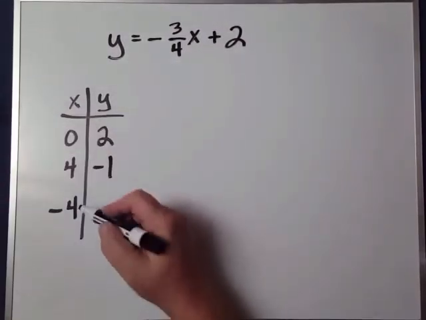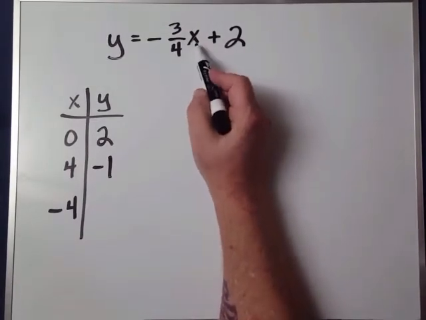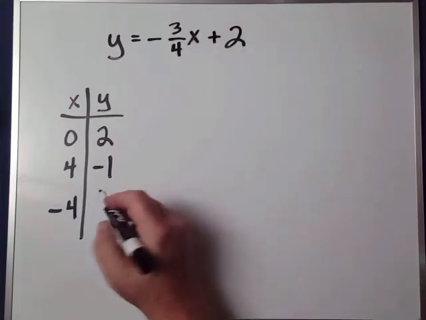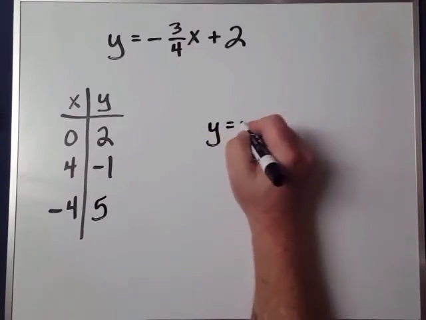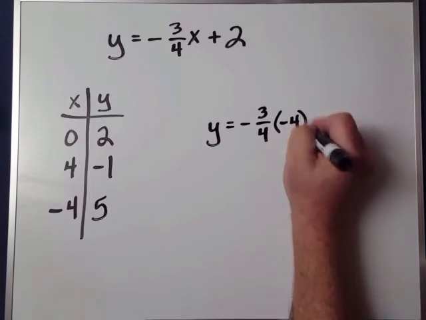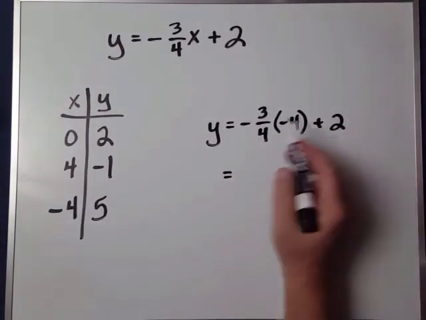And when x is negative 4, do this one in your head with me. Plug in negative 4 for x. A negative times a negative is positive. The 4's cancel to leave positive 3 plus 2 is 5. Again, it is always better, if you're the least bit unsure, to go ahead and plug in where you can see what's going on.